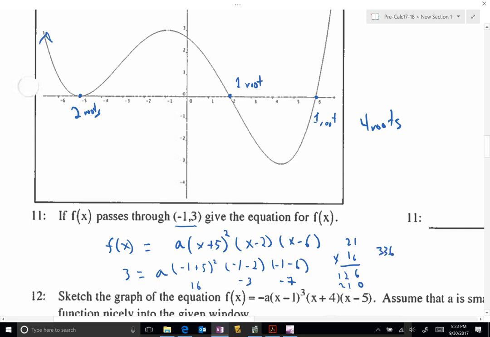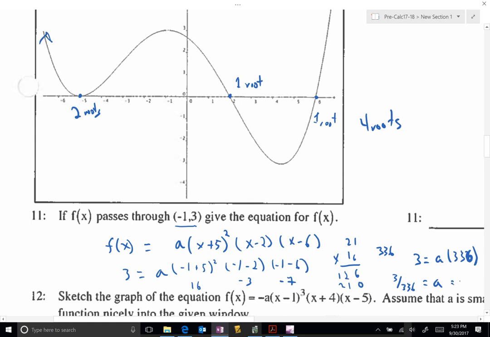So our equation is now going to look like 3 equal to a times 336. We'll divide both sides by 336, so we get a equal to 3 over 336. Noting my shortcut, we want to see, is this able to simplify? Well, 3 plus 3 plus 6 gives us 12, which means it's divisible by 3, so we can divide both the numerator and denominator by 3.